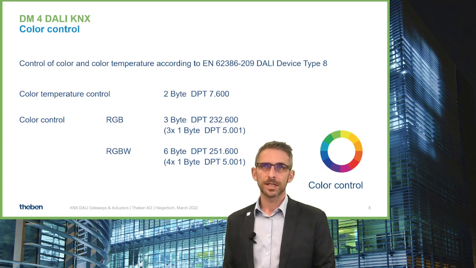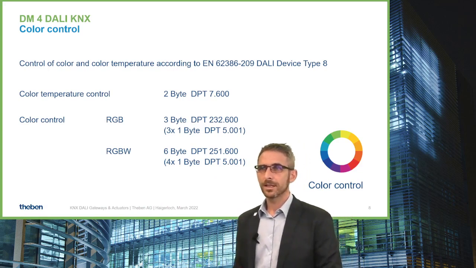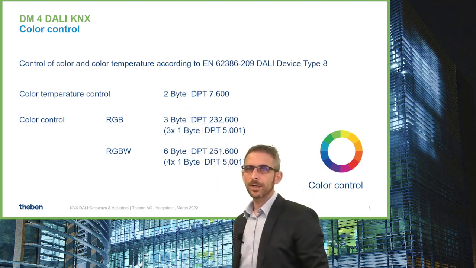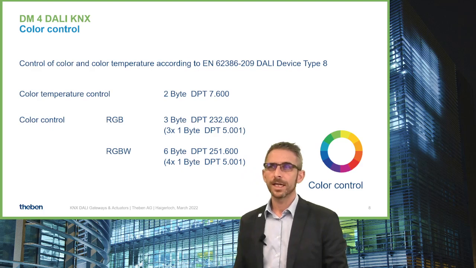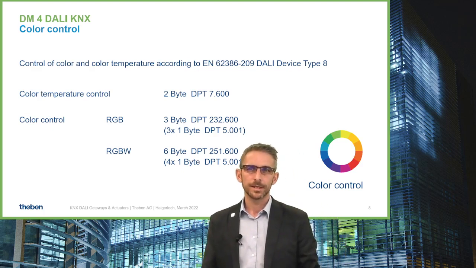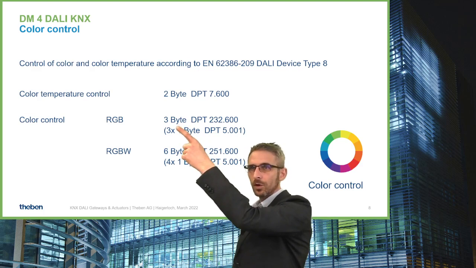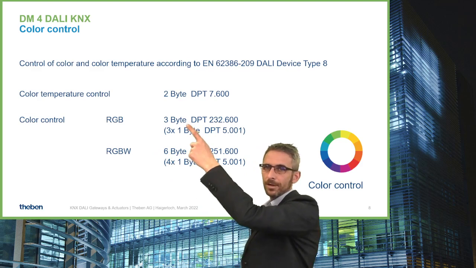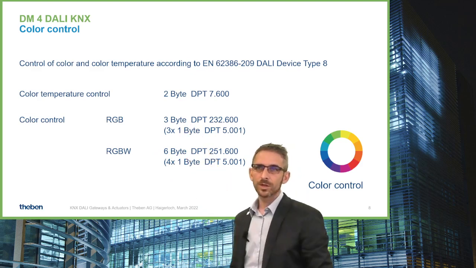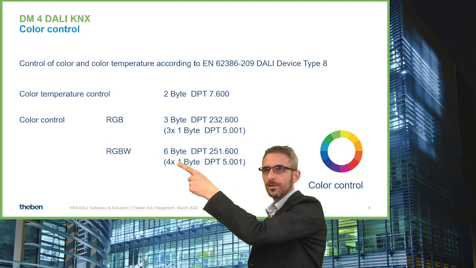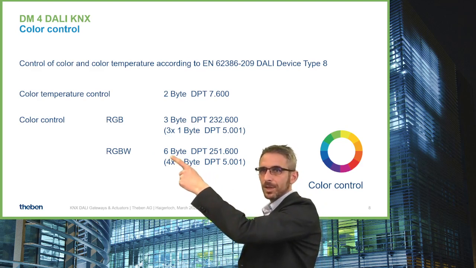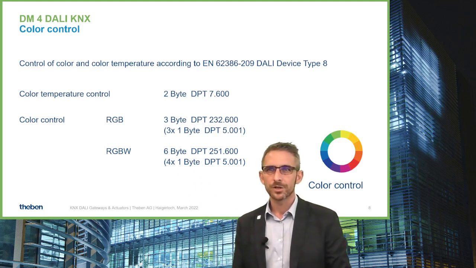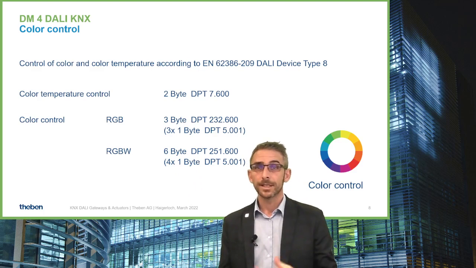All of them are following the DALI Device Type 8, and we can select if we would like to have color temperature control on the channel, then we have a 2-byte communication object, or we can select, we will see this later on also in the ETS, if we would like to have a color control with RGB, then we have a 3-byte communication object, which means 1 byte for each color, and the same with RGBW. For RGBW we have a 6-byte communication object which is specified for this function in the KNX world.